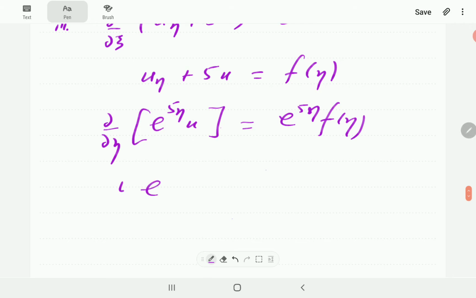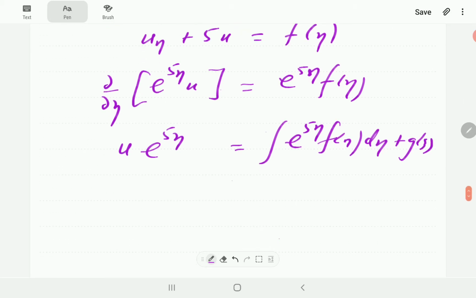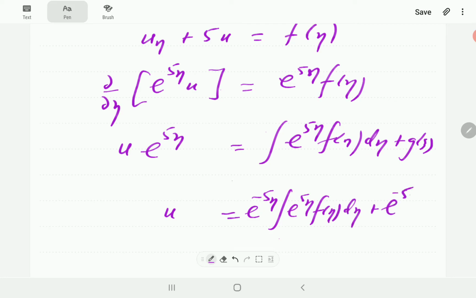So this side is going to be u times e to the 5 eta equal to the integral of this, which is just going to be another function, so let's say this is plus g of xi now. And then if we multiply through by e to the negative 5 eta, this is going to be e to the negative 5 eta integral of e to the 5 eta f of eta plus e to the minus 5 eta g of xi.